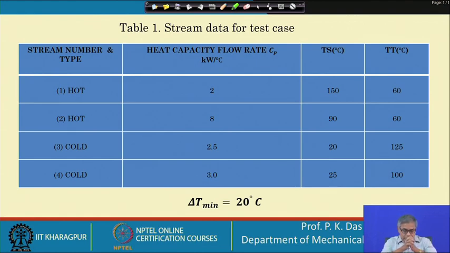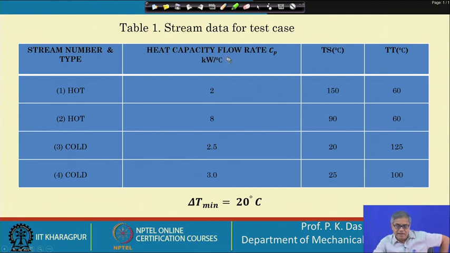It is a very famous problem, though small, and many people have used it to explain the heat exchanger network. There are two hot streams. The first hot stream starts at 150 degrees Celsius and has to be cooled to 60 degrees Celsius. The second hot stream starts at 90 degrees Celsius and is to be cooled to 60 degrees Celsius.